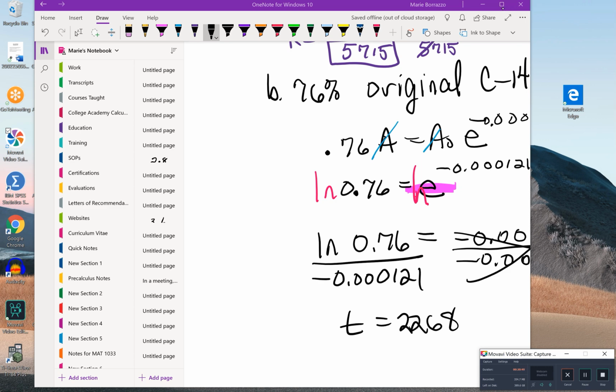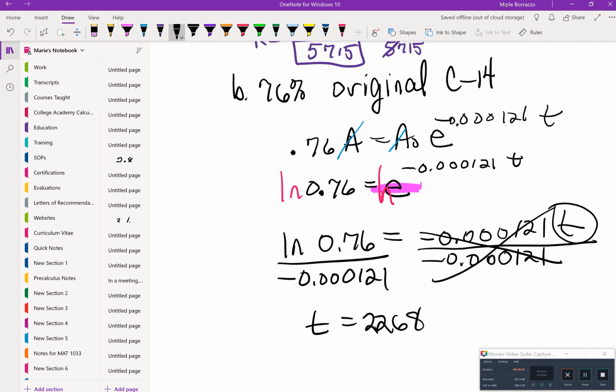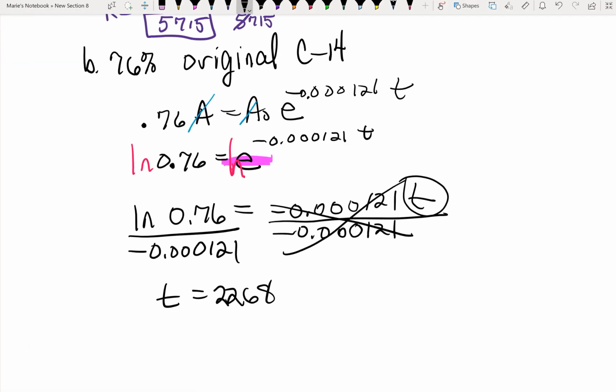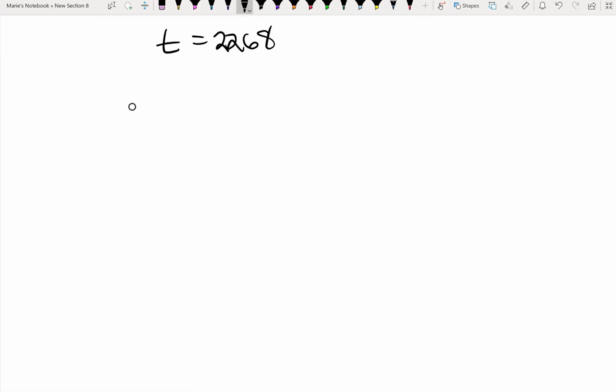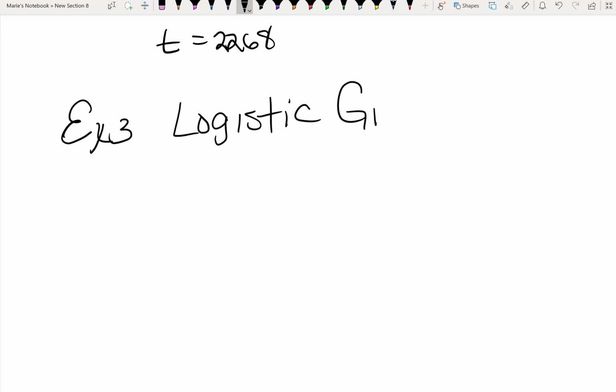All right. So as I continue this video, going on to number 3, yes, there's yet another formula that I have to throw your way. This formula is in example 3, and it has to do with logistic growth models.